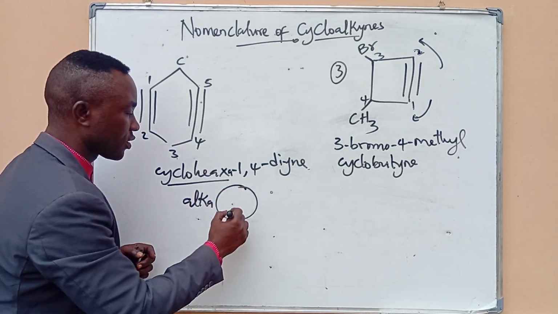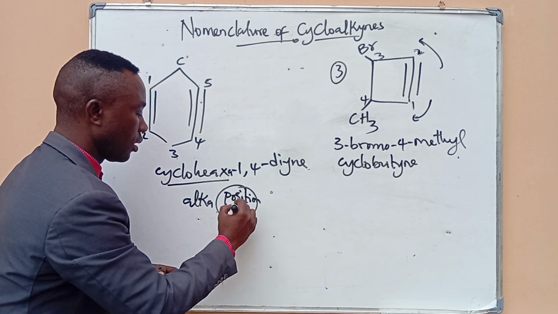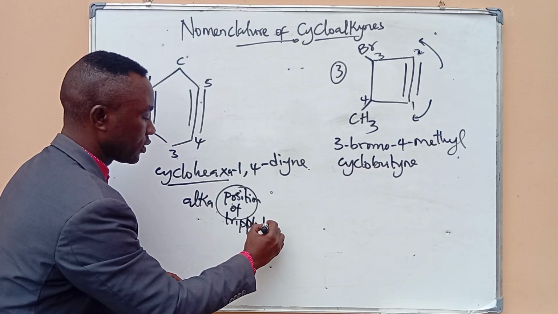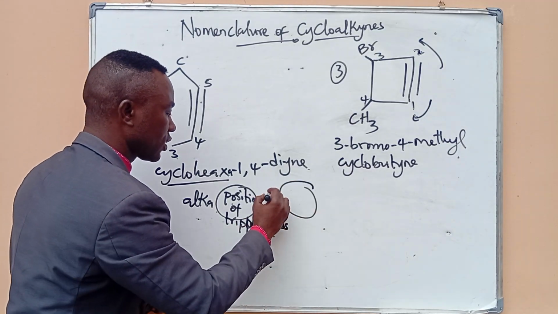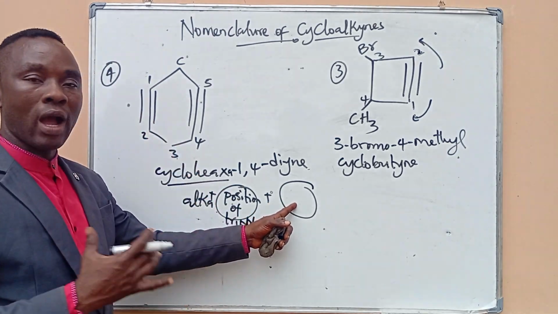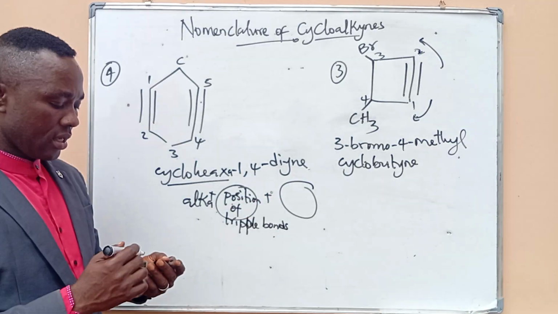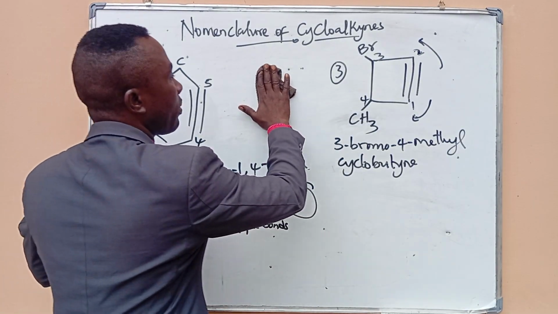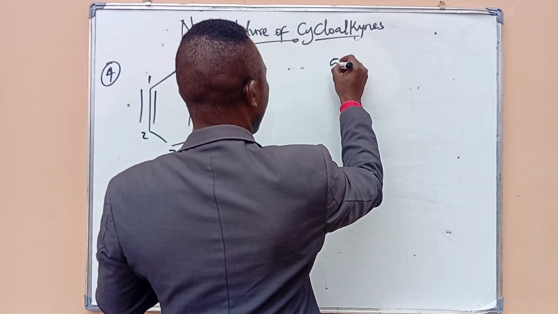Then we put the position of the triple bonds, followed by the number of triple bonds that we have. If it is 2, it becomes diene. If it is 3, it becomes a triene. Then that is number 4.